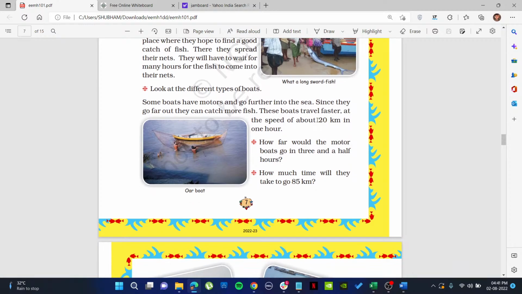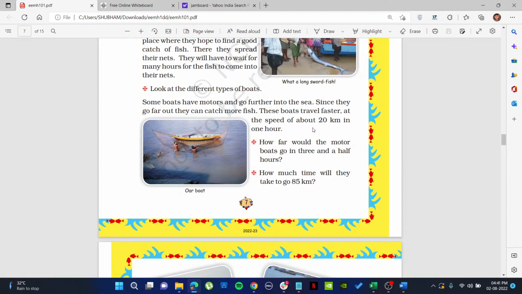So if the motorboat is covering 20 km in 1 hour, let's try to answer this given question. How far would the motorboat go in 3.5 hours? First, let's figure out how much distance the boat is covering in half an hour. In 1 hour, the boat is covering 20 km. So when it comes to half an hour, it is going to be half of 20.